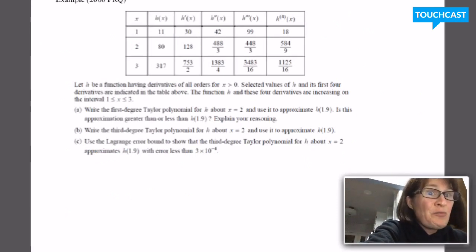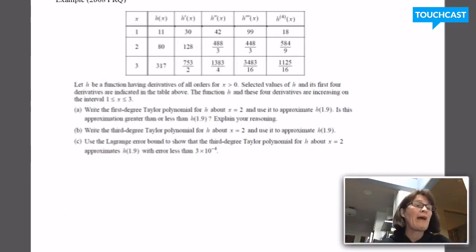All right, and now here's the new part. We're going to use the Lagrange error bound, so that's Taylor's inequality, to show that the third degree Taylor polynomial, the one that we used in part B, approximates h of 1.9, which is what we were trying to find, with an error less than 3 times 10 to the negative 4th.